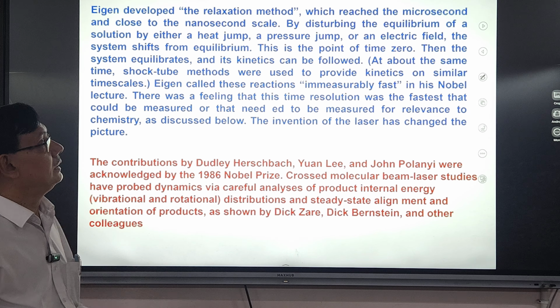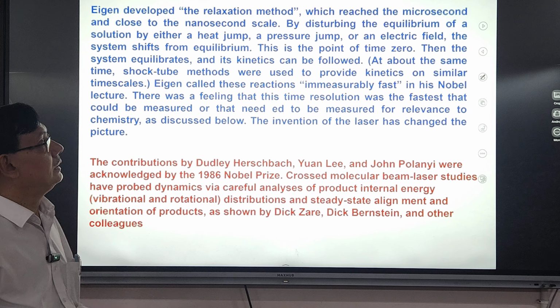But again, there was some problem that we need to measure in the range of 10 to the power minus 12 to 10 to the power minus 15 time scale. That was a problem for them. Then of course you also know about the crossed molecular beam experiment regarding molecular reaction dynamics, and the infrared chemiluminescence method.